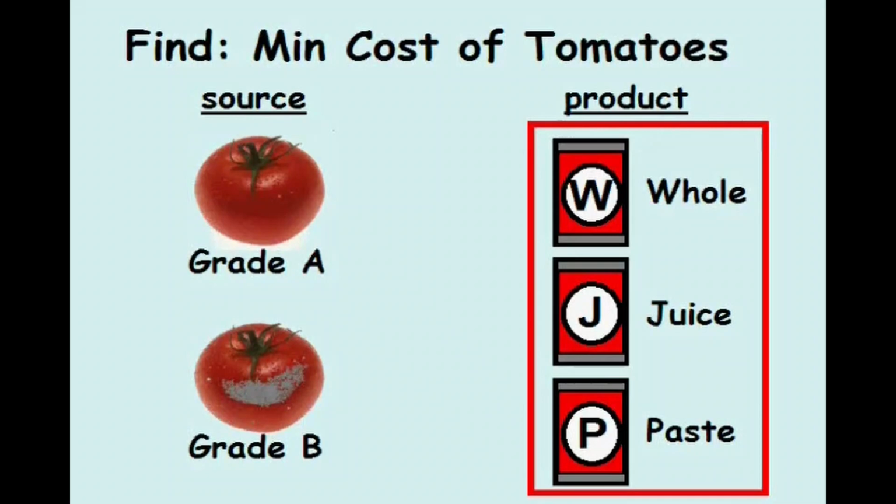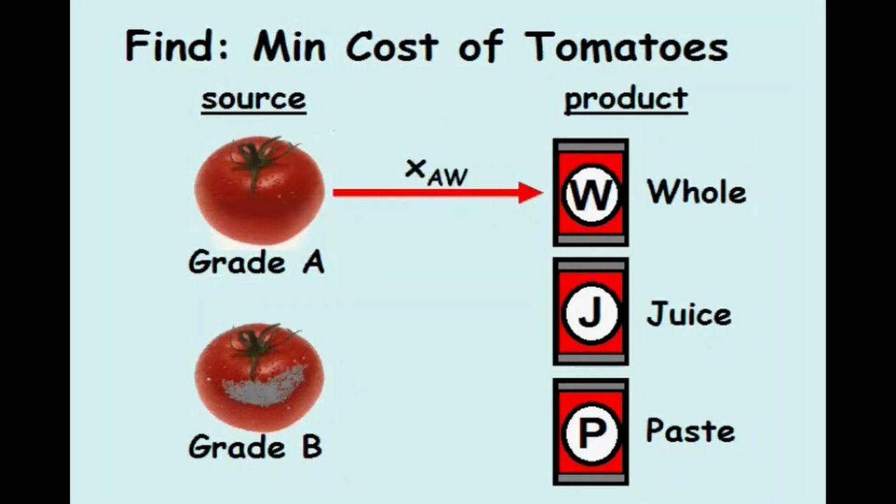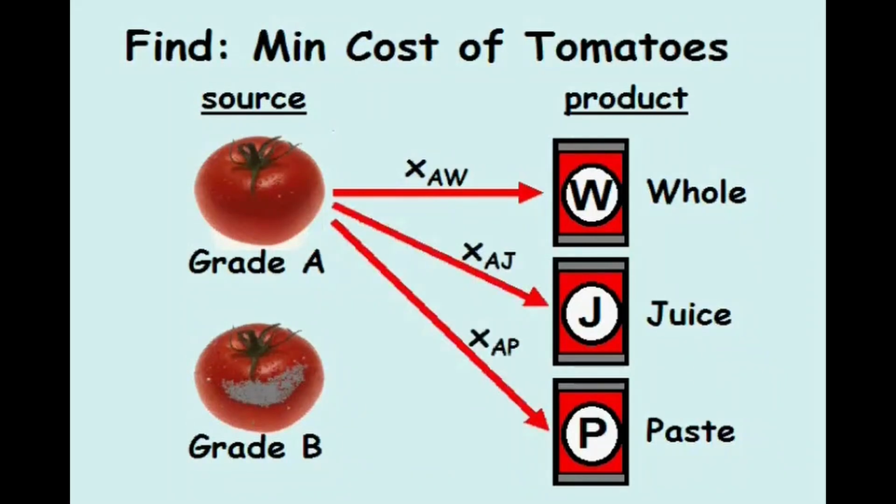Decision variable XAW will refer to the quantity of grade A tomatoes in pounds purchased to produce whole tomatoes. Decision variables XAJ and XAP will refer to the quantity of grade A tomatoes in pounds purchased to produce tomato juice and tomato paste.